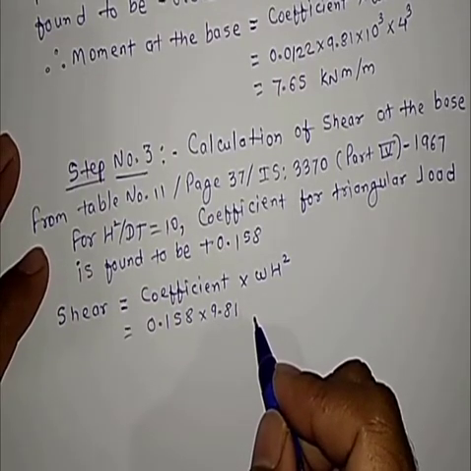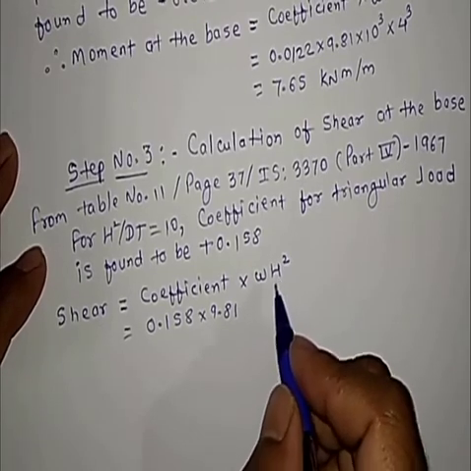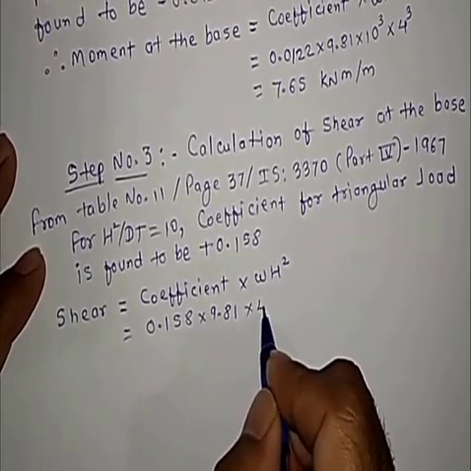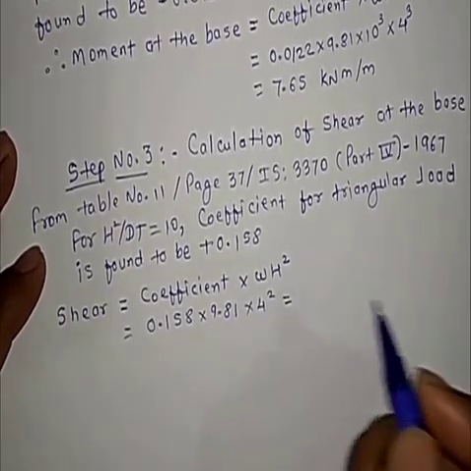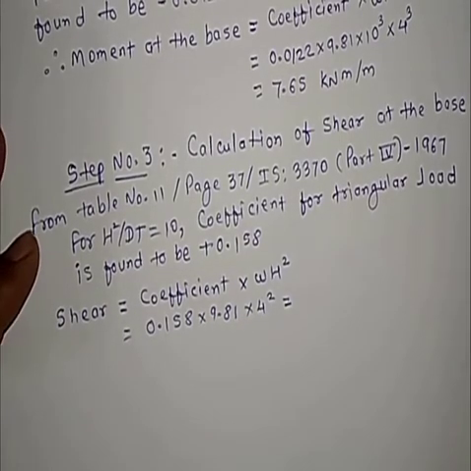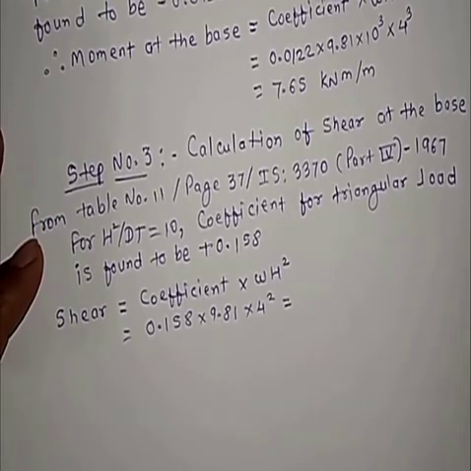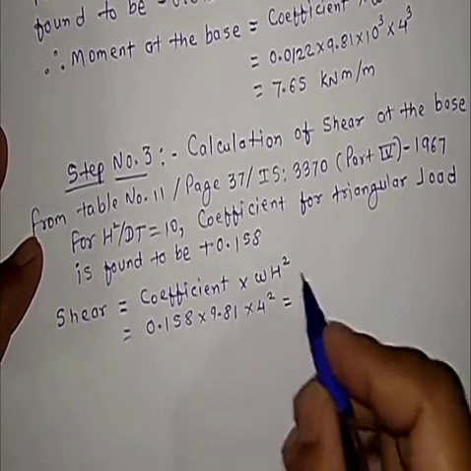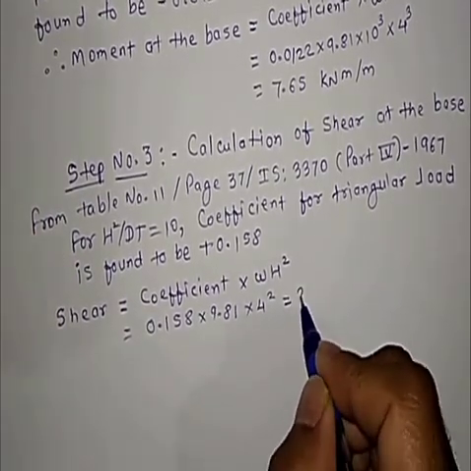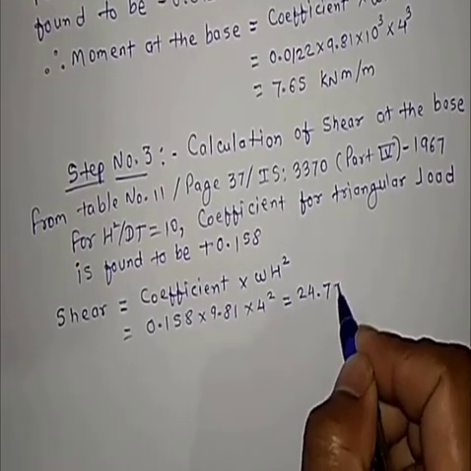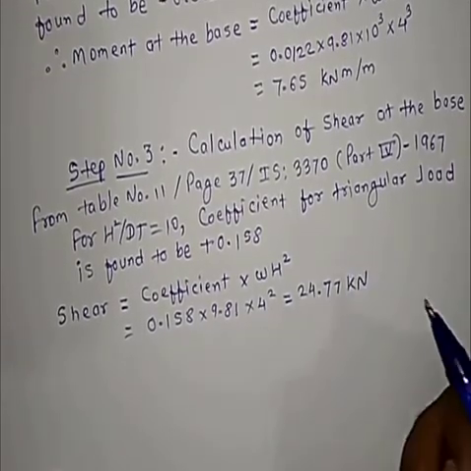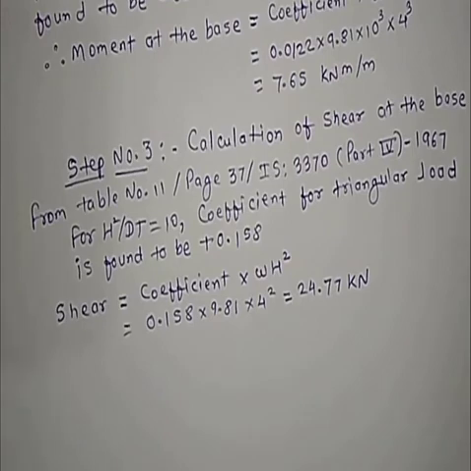Now here the unit of W is different, and that is the reason we can calculate this. If you calculate coefficient multiplied by W into h square, that is coming out to be 24.77 kilonewton. So this is the value for shear at the base.